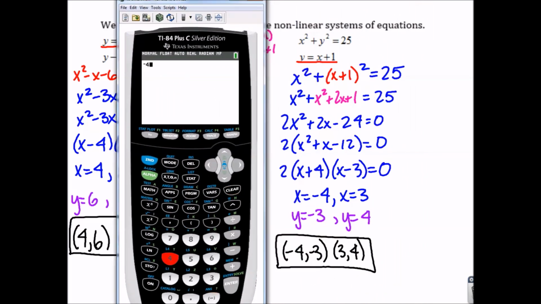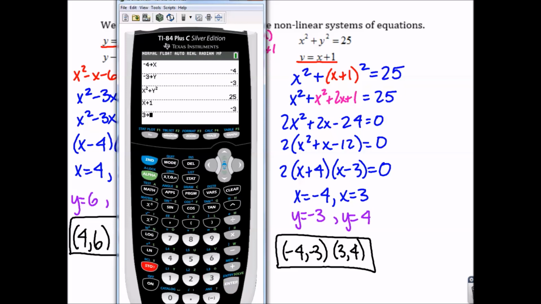So if I store negative 4 for x and negative 3 for y, and if I type in the first equation, x squared plus y squared, I get 25, which is great. Then if I plug the point into the second equation, if I do x plus 1, I get negative 3, which is the y value for that.